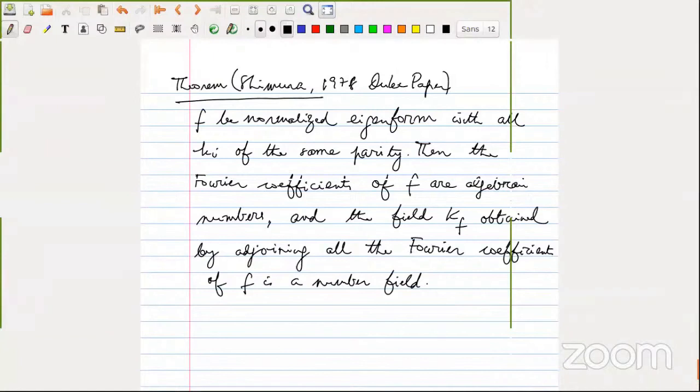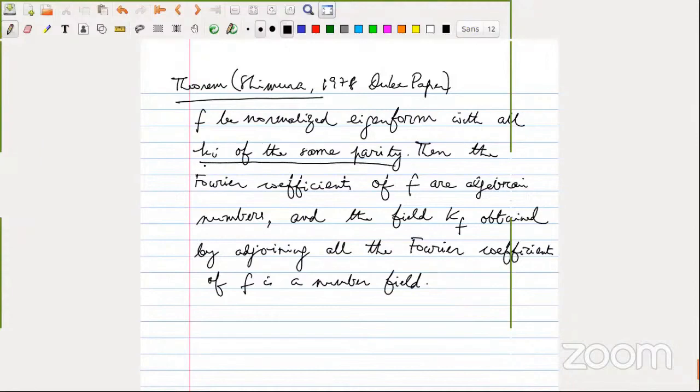And the way we have defined the Hecke operators, there will be algebraic relations between, like, T_p and T_{p^2}, T_{pq} is T_p times T_q, and using those things and the fact that it is a normalized eigenform, we can conclude; it's more or less the same. In the same paper you can find a counterexample showing why you need the k_i of the same parity.